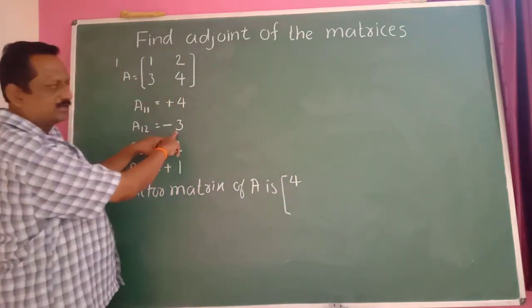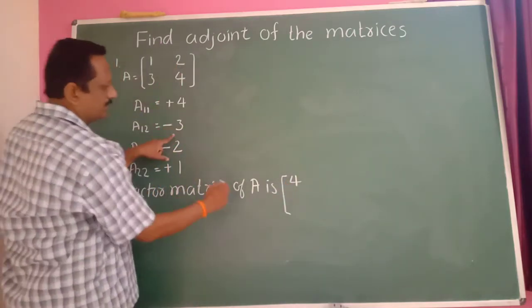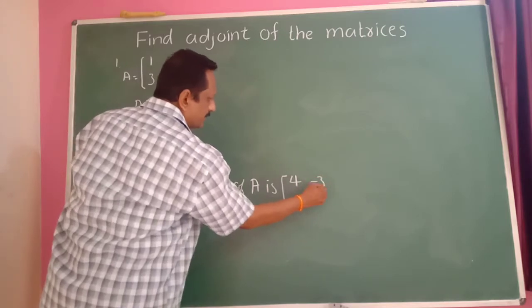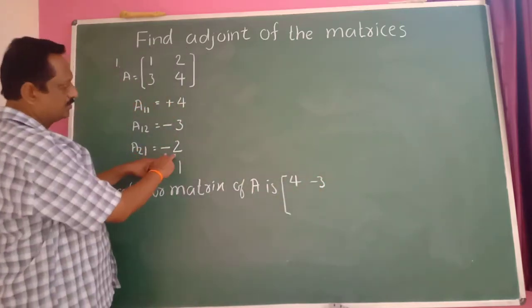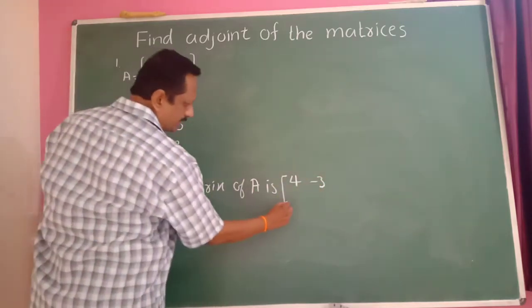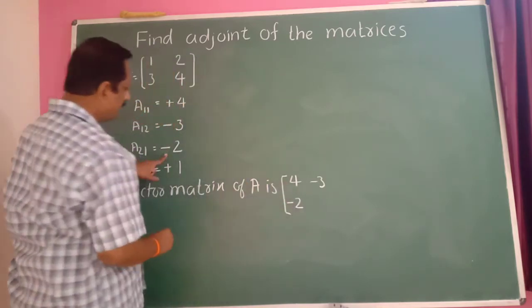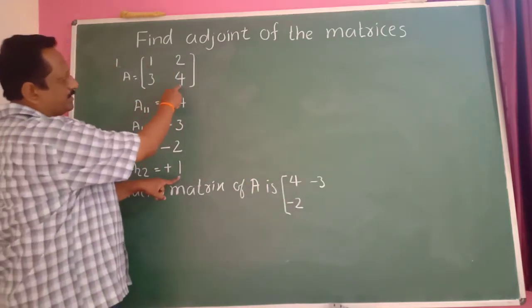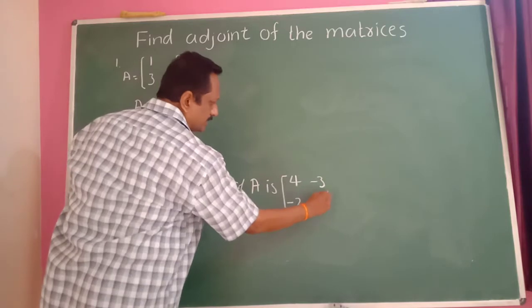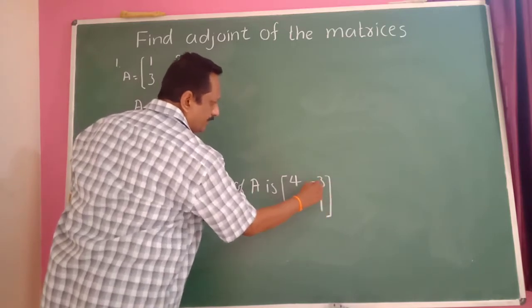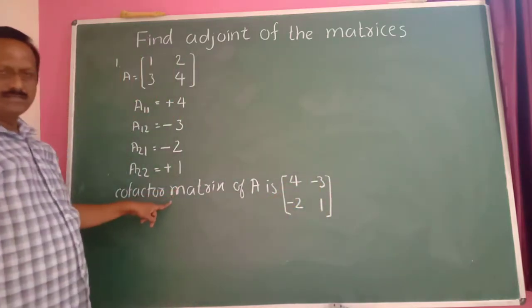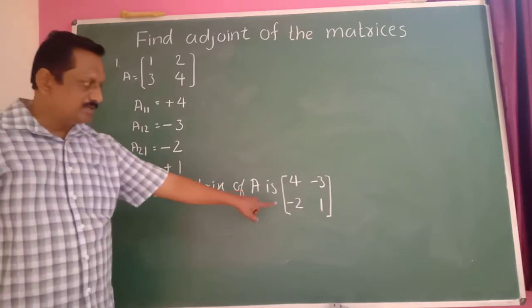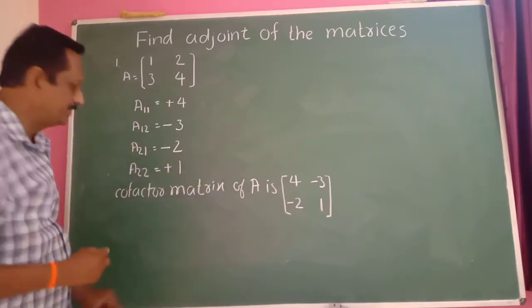Minus 3 is the cofactor of this element, so write minus of 3. Then minus 2 is the cofactor of this element, so write minus of 2. And 1 is the cofactor of this element, plus 1 here. So it is 1. Okay. It is the cofactor matrix. Then the transpose of this matrix becomes the adjoint of the matrix here.